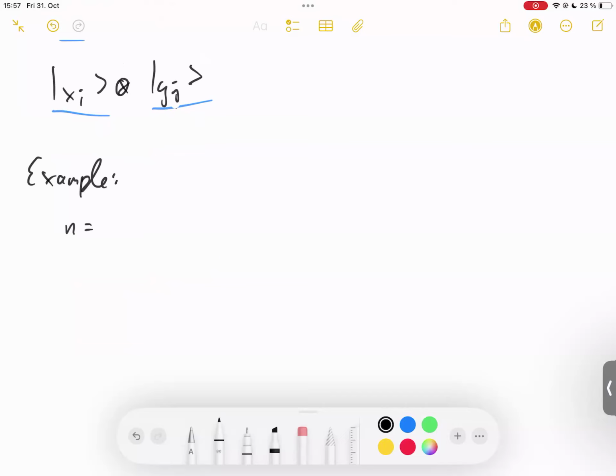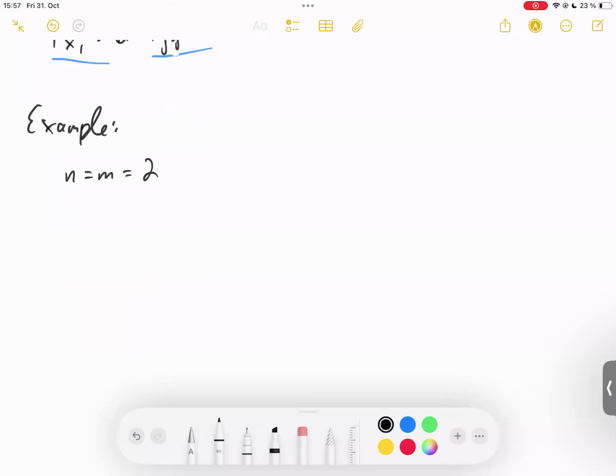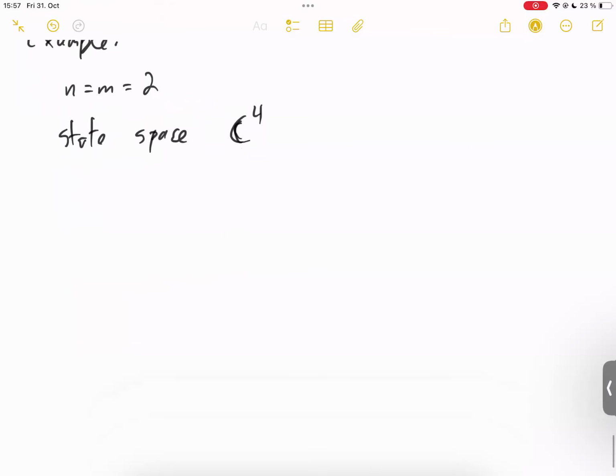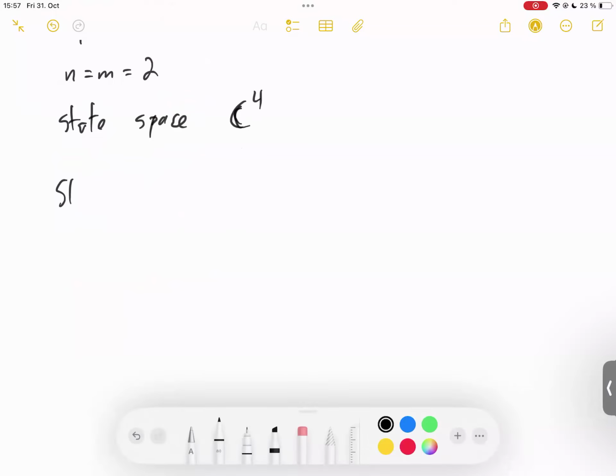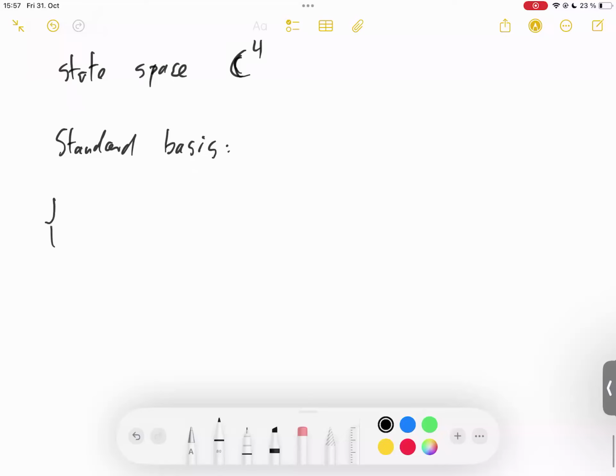We assume n is the same as m, it's 2. So we are dealing with a state space with 4 basis vectors, so it's complex numbers. We have 4 basic states in this state space, where n and m is 2, so 2 times 2 is 4. So the standard basis of such a system is a set of our basis vectors.